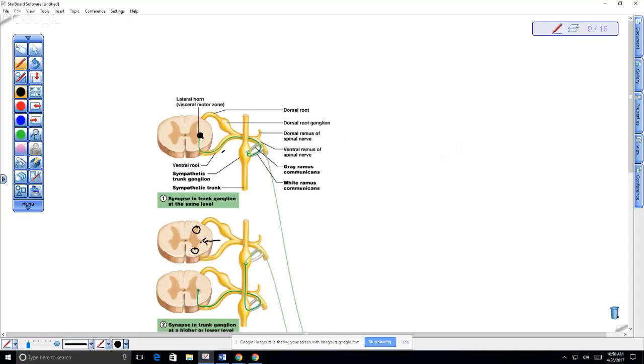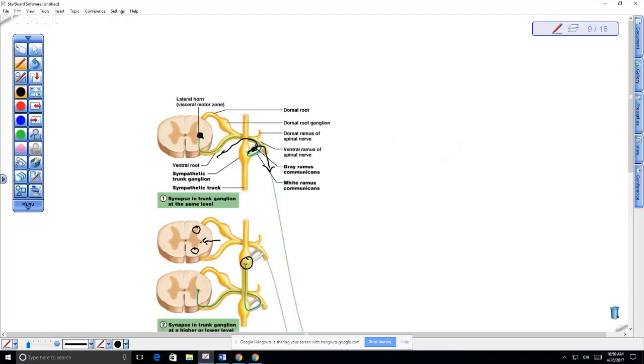So they come in, and this is called the white ramus as it comes in. Then it exits the gray ramus and comes back out. Notice that the synapse between preganglionic and postganglionic neurons occurs right in that ganglion.